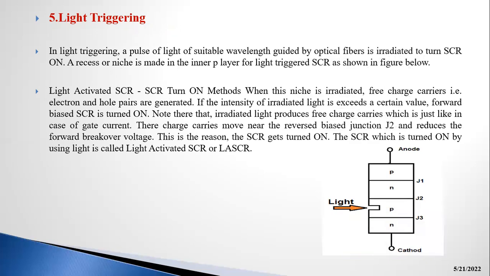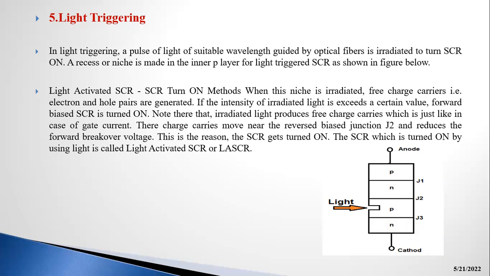In that figure, you can see the light activated SCR turn-on method. When this niche is irradiated, free charge carriers, that means electron and hole pairs, are generated. If the intensity of irradiated light exceeds a certain value, then the forward biased SCR is turned on.